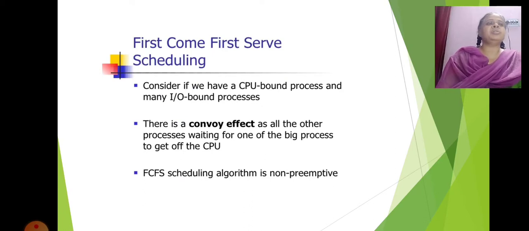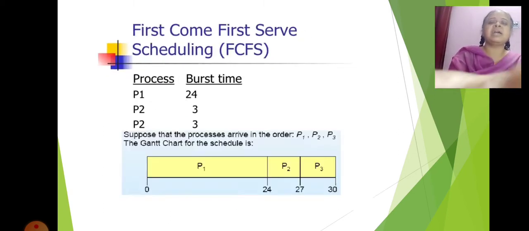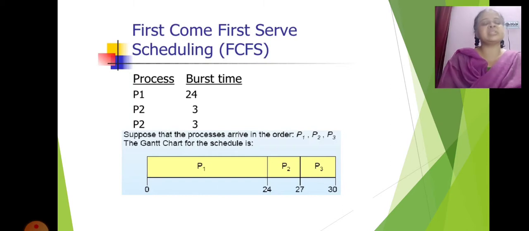But suppose the processes arrive in the order P2, P3, P1. Consider the previous slide, which shows that if the processes arrived in the order P2, P3, P1, the results would be different. At that time the average waiting time would be 6 plus 0 plus 3 divided by 3.